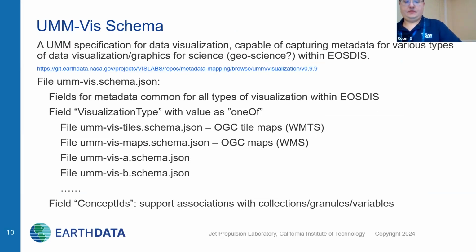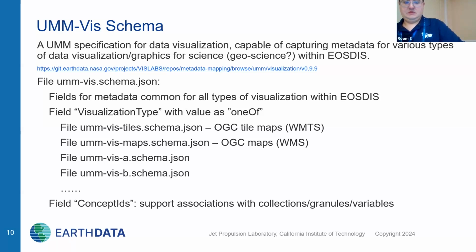Currently, with this design, it's a two-level schema. On the very top, it's called the UMVS schema, which will capture all the metadata information which we assume and expect to be common to many different types of visualization.